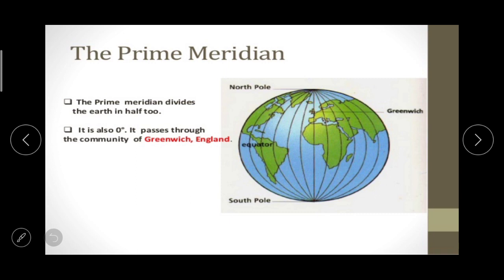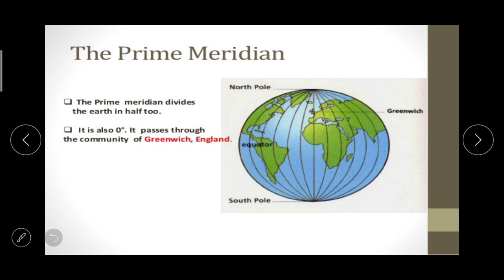The 180 degree meridian lies opposite to the prime meridian. So in general we can say it divides the earth in half too. The prime meridian is also 0 degree, and it passes through the community of Greenwich, England.